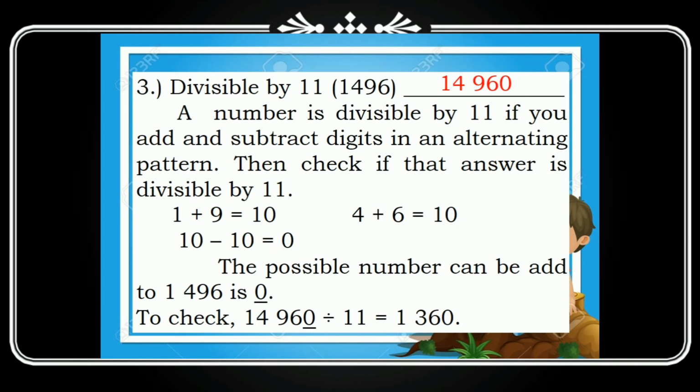So 10 minus 10 is equal to 0. The possible number that can be added to 1,496 is 0. So 14,960 divided by 11 is equal to 1,360. The correct answer for number 3 is 14,960.